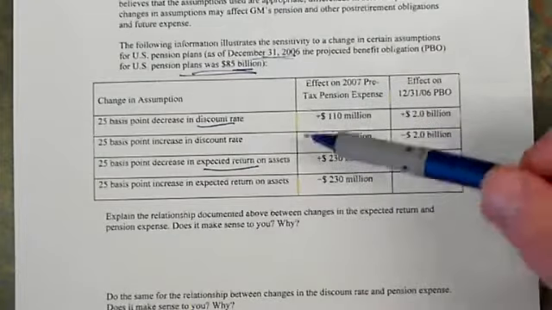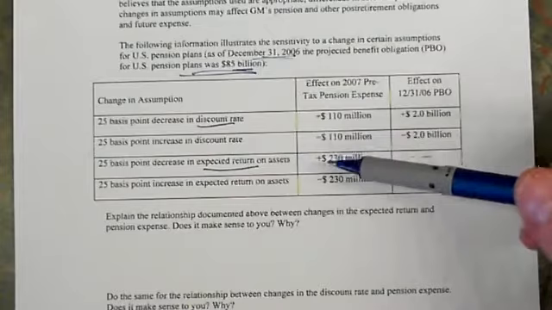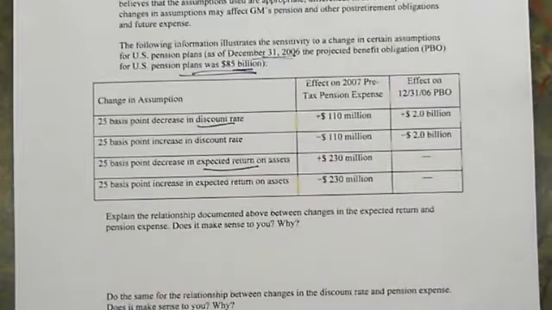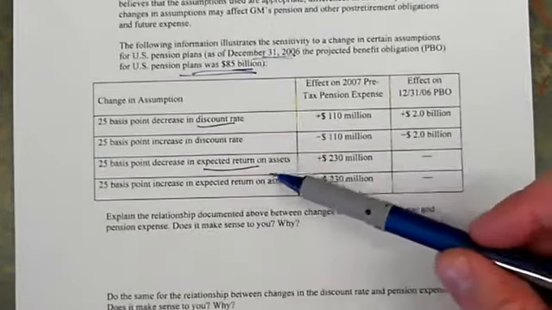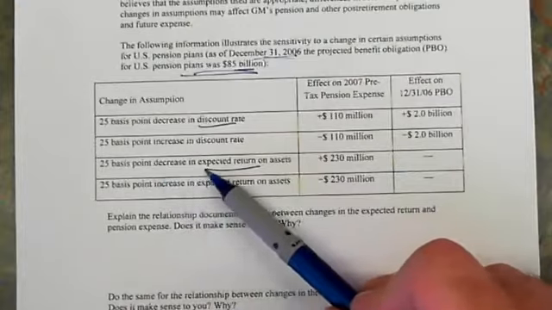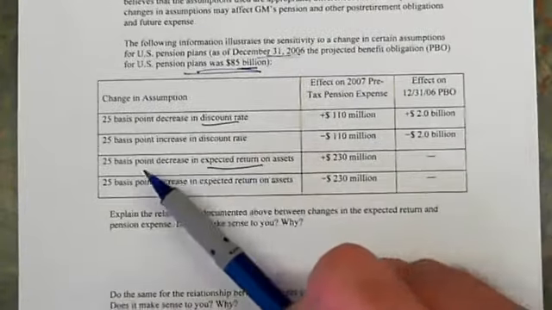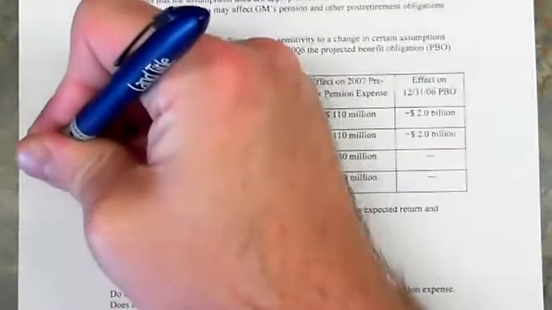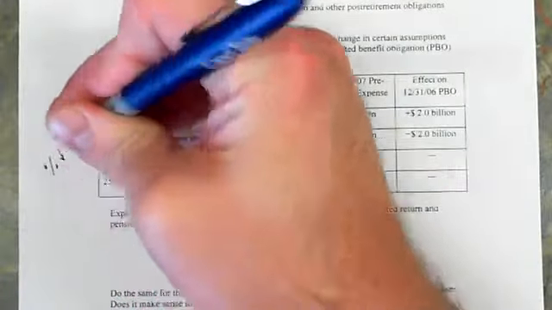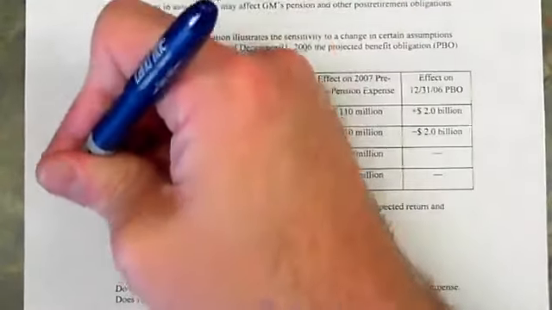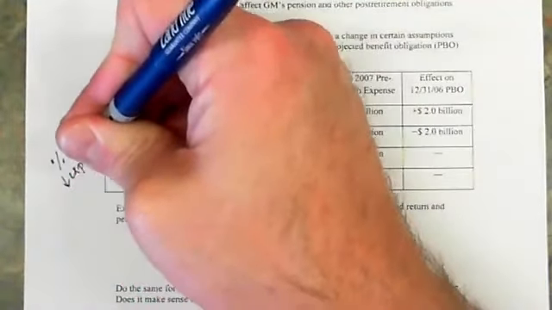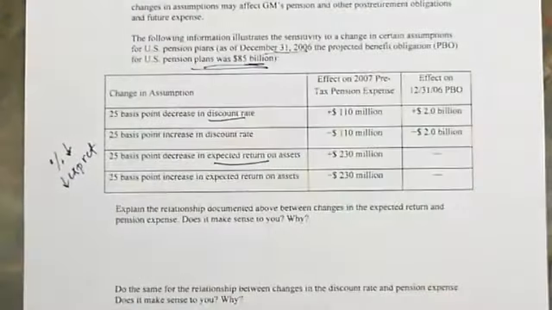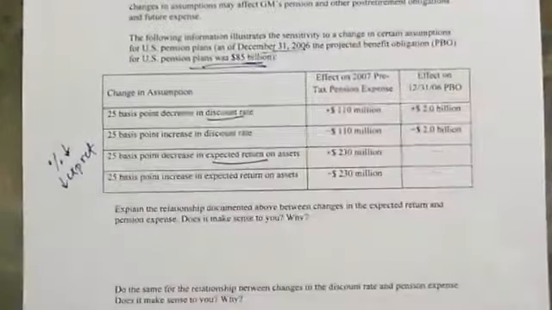And this is a disclosure made by GM about how these estimates would affect their income and the PBO. So looking at the expected rate of return, if my expected return on the assets were less, if my percent is going down, then that would imply that I would have less of an expected return. If I have less of an expected return, then pension expense is going to go up.